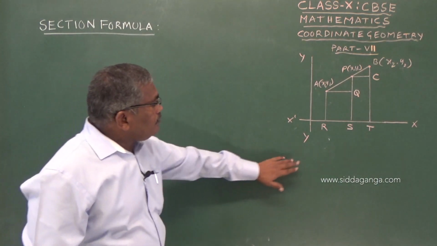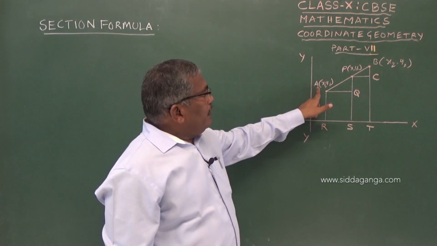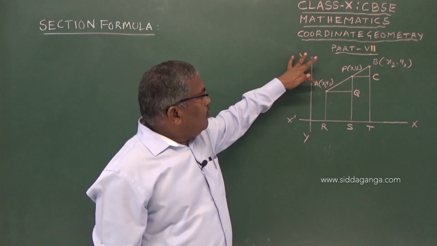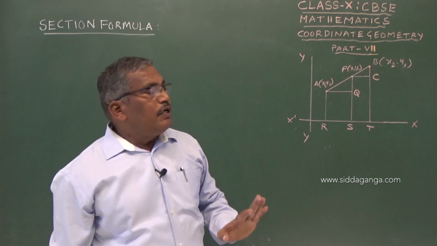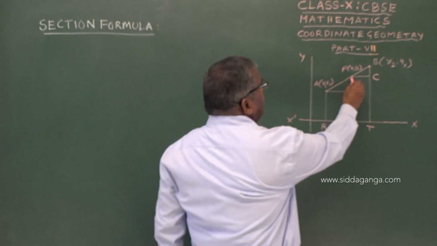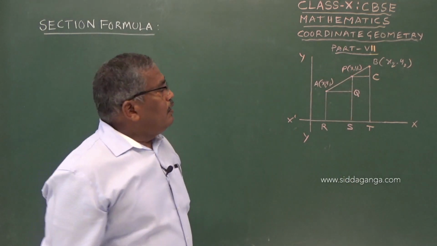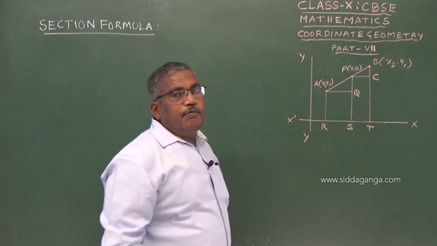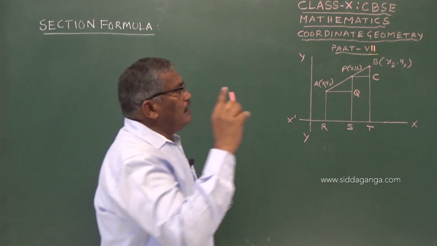Now, the question is, line AB is there, coordinates of A and B are given, x1, y1, x2, y2 are given, P is a point on line AB. So, therefore, it is internally dividing AB in some ratio.